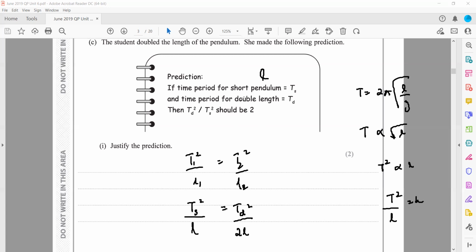Why do I write 2L? Because I mentioned that it is double length. So its time period is Td and length is 2L.